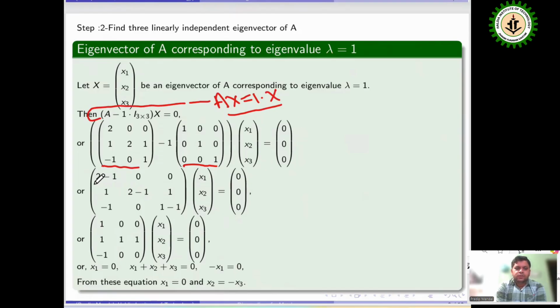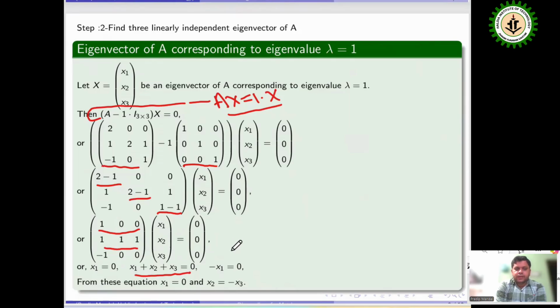Simple calculation: 2 minus 1, 0, 0; 1, 2 minus 1, 1; minus 1, 0, 1 minus 1. Simplifying, we get 1, 0, 0; 1, 1, 1; minus 1, 0, 0, times (x1, x2, x3), equals 0. From the first row, we get x1 equals 0. From the second row, x1 plus x2 plus x3 equals 0.